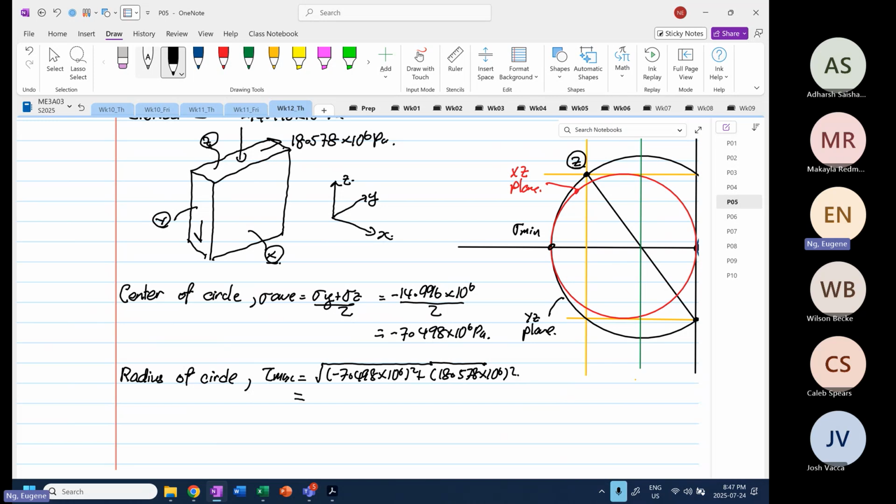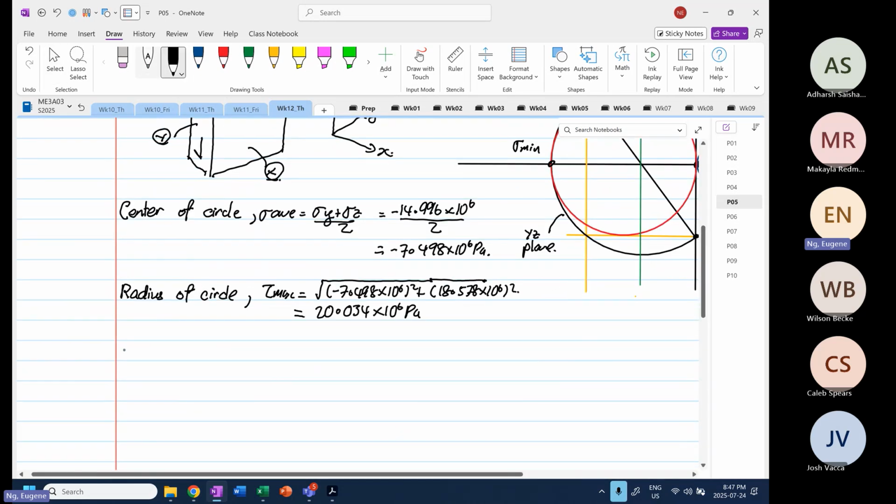Let me do it again: 7.498 squared plus 18.578 squared, square root, is 20.034 times 10 to the power 6 Pascal.